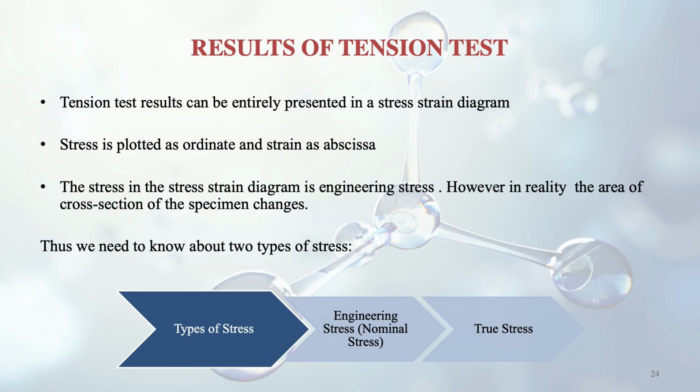But in reality, the area of cross section of the specimen changes, so we need to know about that kind of stress also. There are two kinds of stress. One is the engineering stress, that is the nominal stress, and the other one is the true stress. Here are the mathematical relations and definitions to understand the difference between the two.